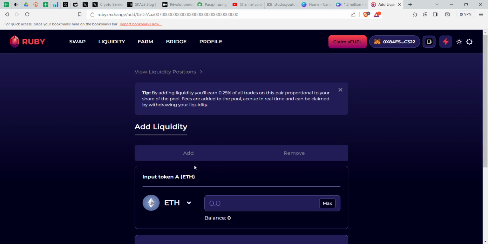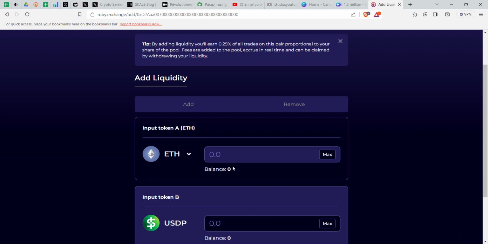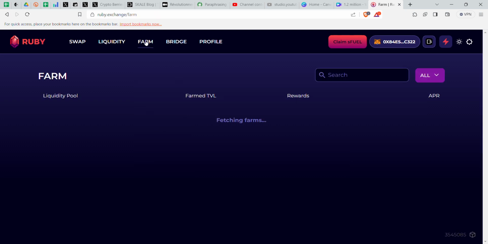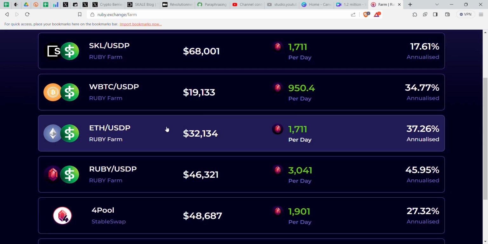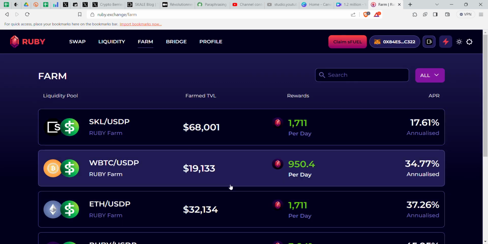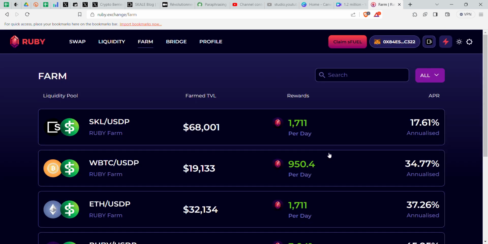I don't have any liquidity added right now on this wallet, but you can choose which liquidity pair you want to provide easily, and we can see that the user interface is so fast, and I can comment on the user experience that it is at its best. You can also farm here. These are some pairs that look good. This reward is actually very good. This is an encouraging reward.